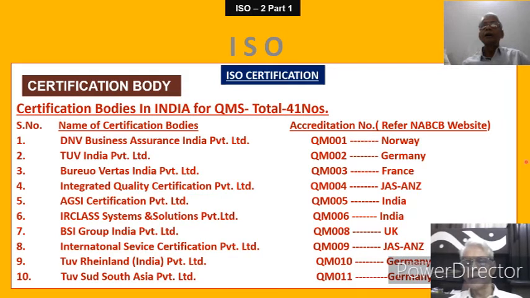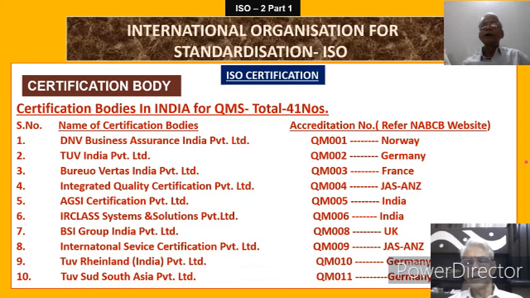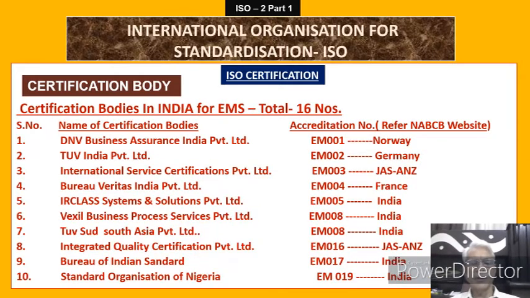So let me move further. Now certification bodies in India for EMS. In the previous slide I showed you about QMS. Now for EMS, Environment Management System, there are altogether 16 certification bodies.